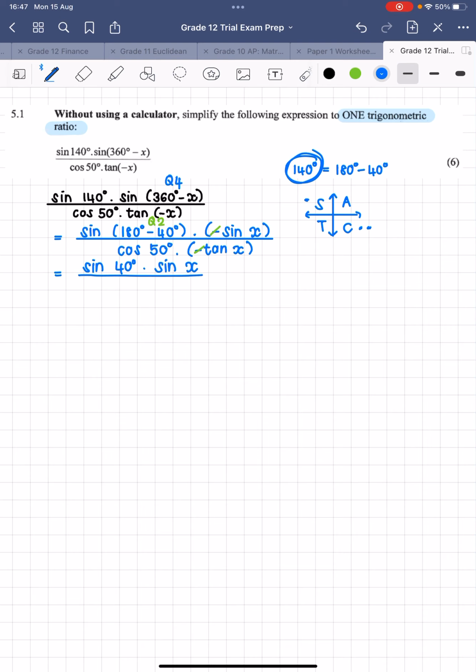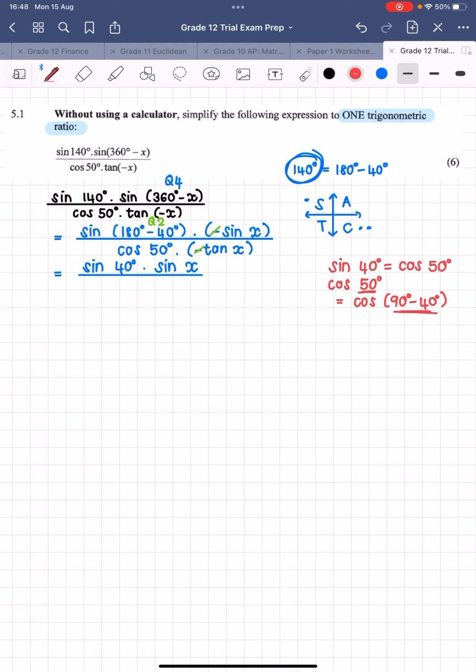Now guys, at this point, hopefully you recognize that we can work with our co-ratios, right? Do you remember that sine of 40 degrees is actually equal to cos of 50 degrees. So what I'm going to do is I'm going to rewrite cos 50, and you don't have to show this as a step. I just want to explain that cos of 50 is the same as cos of 90 minus 40, right? 90 minus 40 degrees is 50.